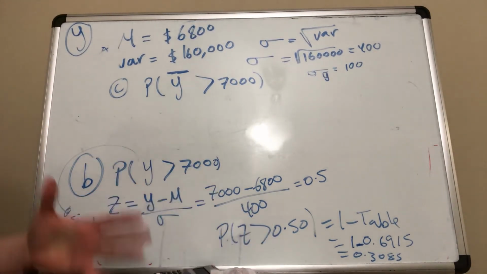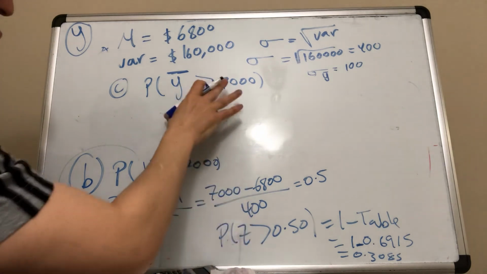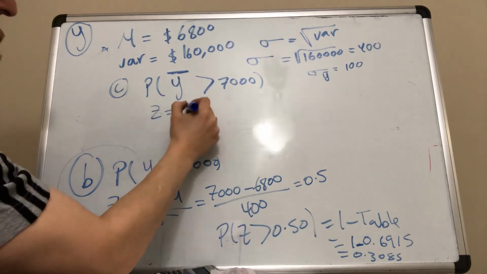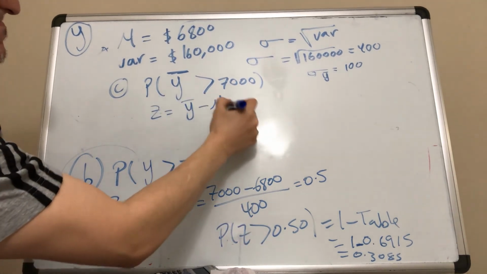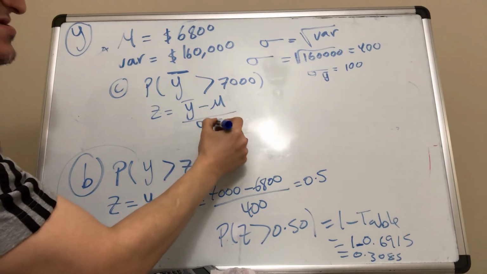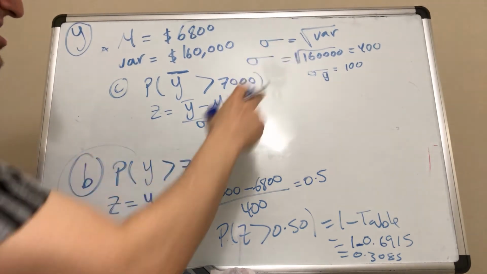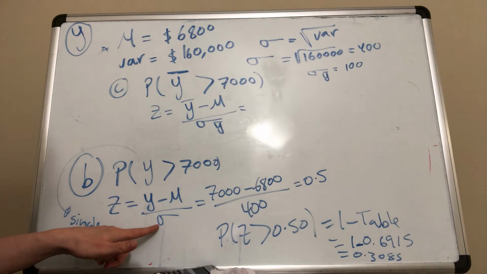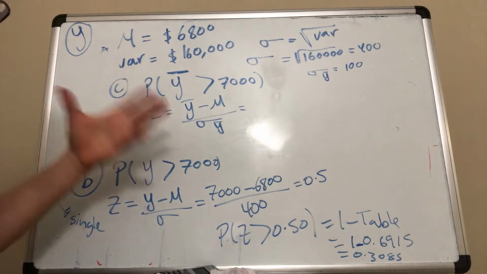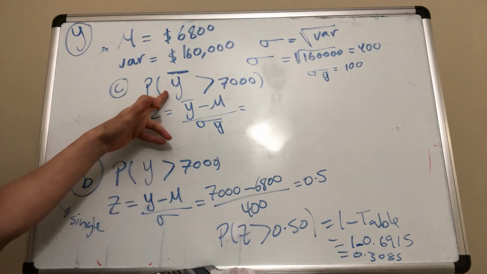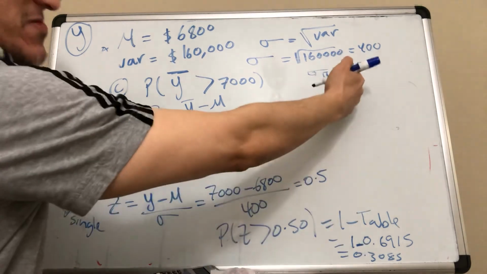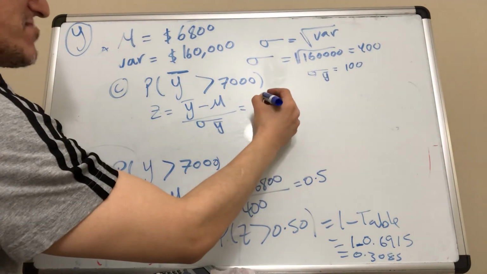Again, in order to do any question in statistics, we need to represent everything in Z. Now the formula is Y bar minus mu over sigma Y bar. So not, if it's a single, you divide it by just sigma. If it's a sample mean that you're finding the probability for, you divide it by the sigma of the sample mean.